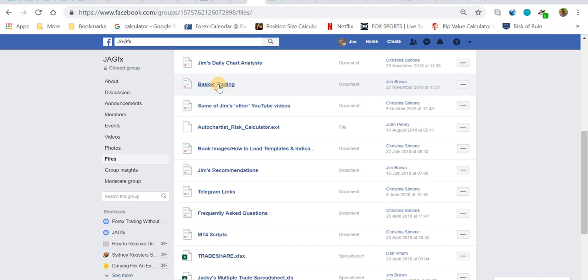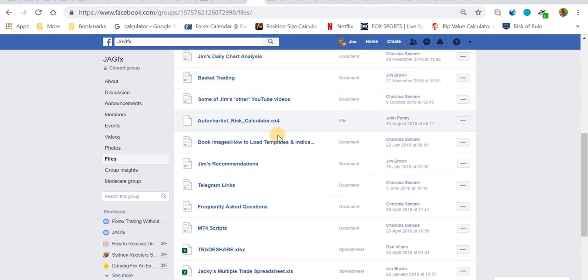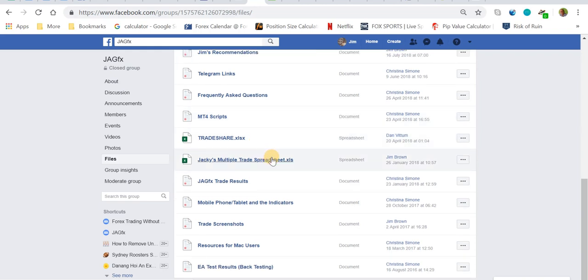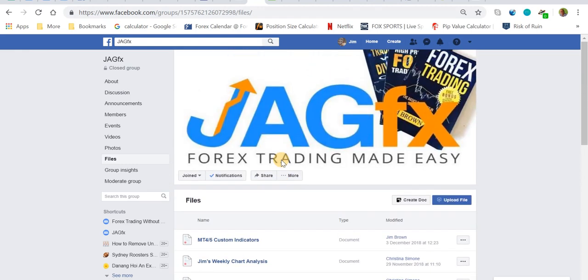It takes you to a shared spreadsheet, which I'll show you in a minute. FAQs, scripts, indicators, my multiple trade spreadsheet, JAGfx trade results. I'll show you them in a second. Trade screenshots, there's probably thousands in there by now. Resources for Mac users, just to help them out. That's in the files.